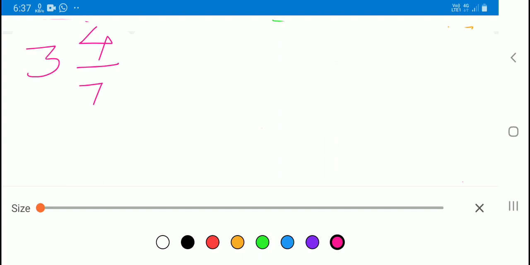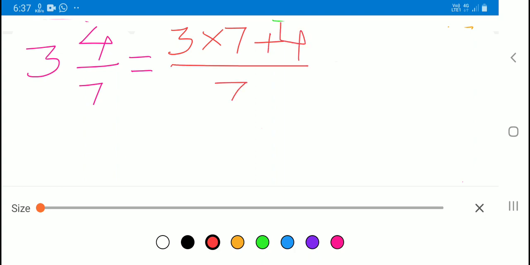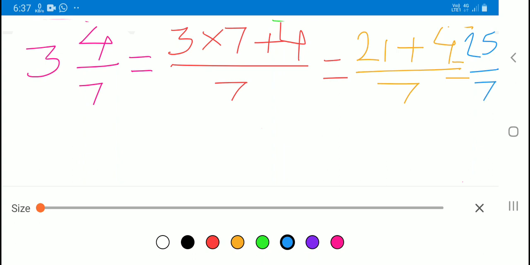Okay, a little bigger number I will take. Now how to solve? See here. First of all, we have to multiply 3 into 7 and add 4 to that. So 7 3s are 21 plus 4 upon 7. What is your answer? It is equal to 21 plus 4, 25 upon 7.